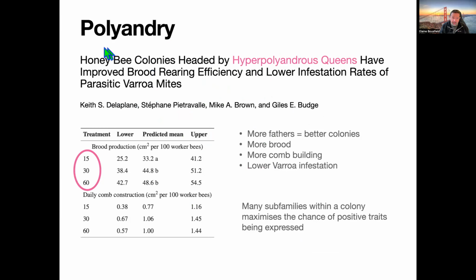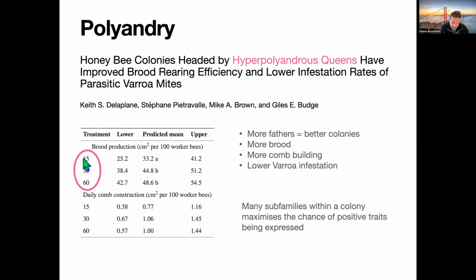The subject of polyandry, which is multiple fathers, basically, is quite interesting. There's these things called hyperpolyandrous queens, which were referred to in a paper by Keith Delaplane, Giles Budge is in there too, and others. They did an experiment where they inseminated queens and controlled the amount of different types of sperm that they used.